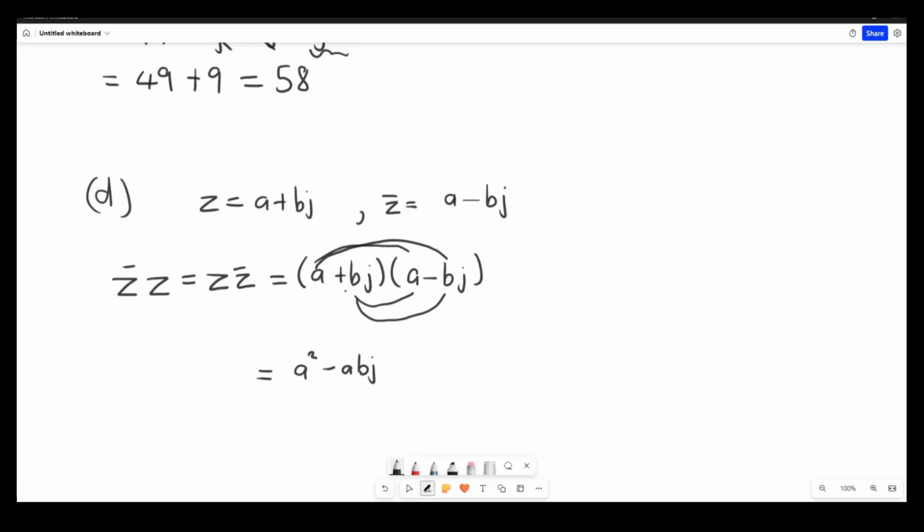So bj times a is abj again. Remember, a times b is b times a, right? And lastly, I multiply bj with minus bj, so I get minus b squared j squared. But j squared is minus 1, and this cancels. Hence you end up with what we wrote down there.